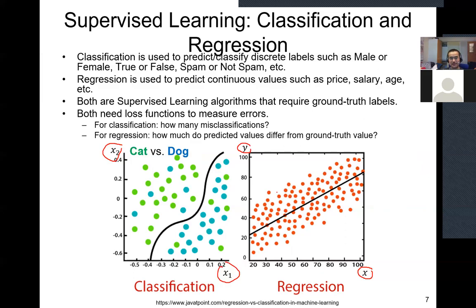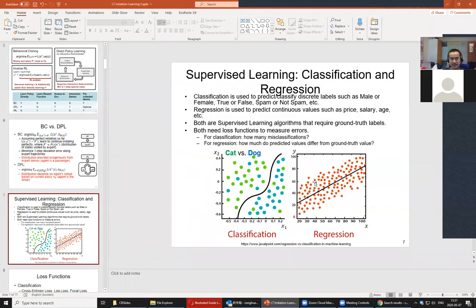For both classification and regression, you need loss functions to measure the errors. For classification, typically it's how many misclassifications. For regression, it's how much predicted values differ from the ground truth value. Actually, I think how many misclassifications is not very accurate.